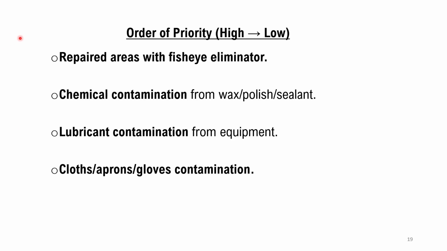The others are repaired areas with fish eye eliminators, chemical contamination from wax, polish, and sealants, lubricant contamination from the equipment itself, and cloths, aprons and gloves contamination from the spray painters.